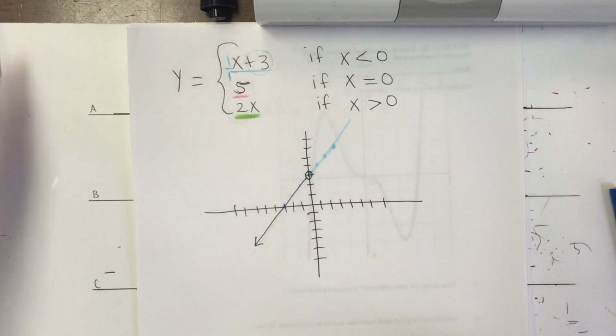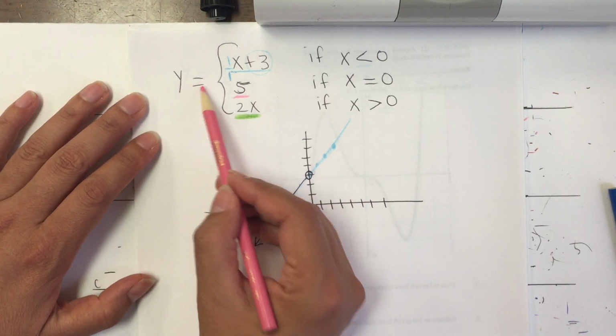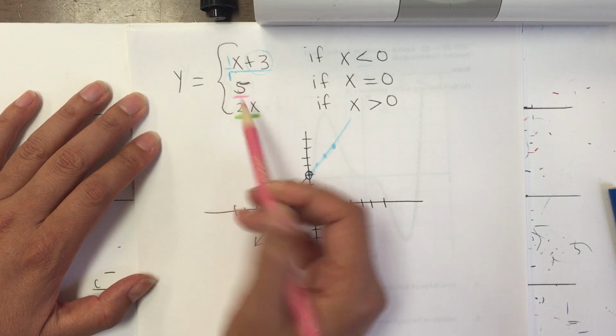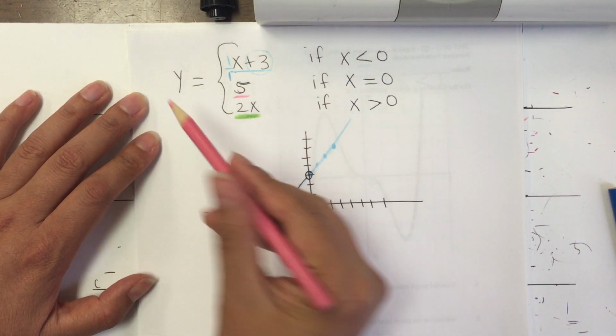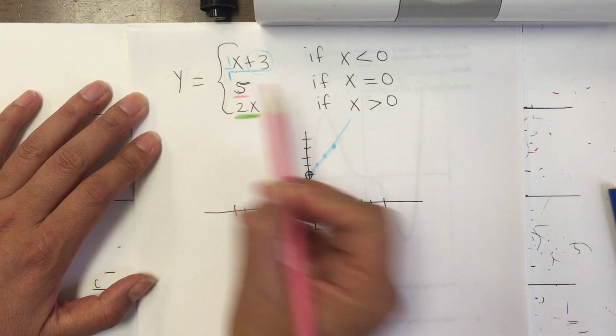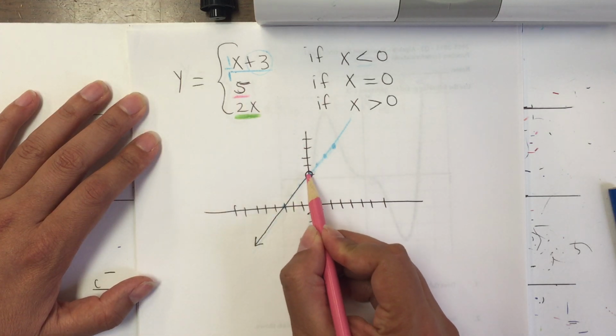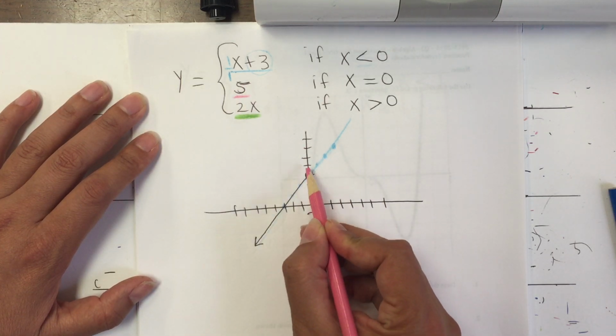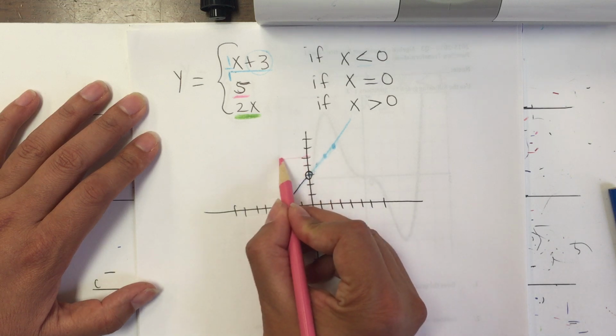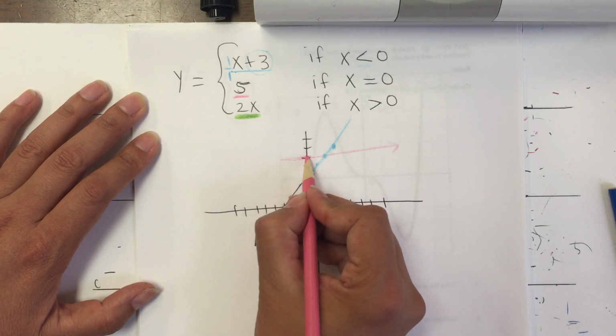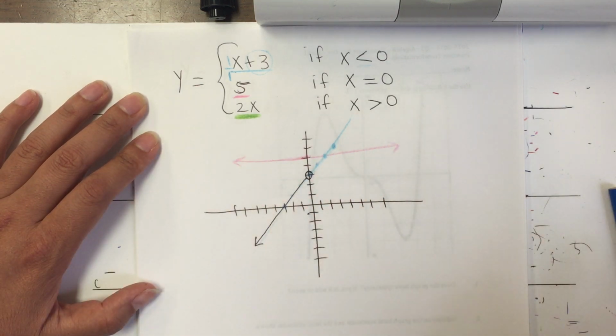Okay, so for y equals 5, I'm not going to look at this. If I were to graph y equals 5, it just means that I'm going to have a line at 1, 2, 3, 4, 5 on y. And this is my graph for y equals 5. Only y equals 5, that's my line.